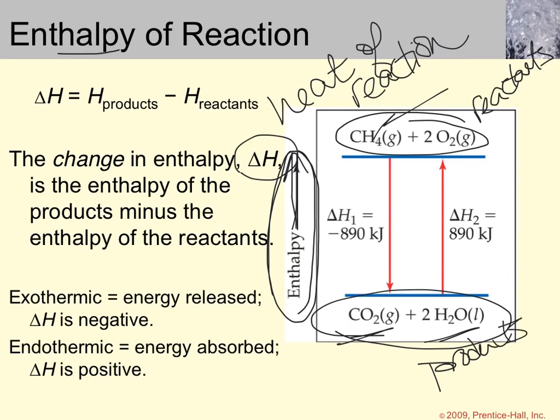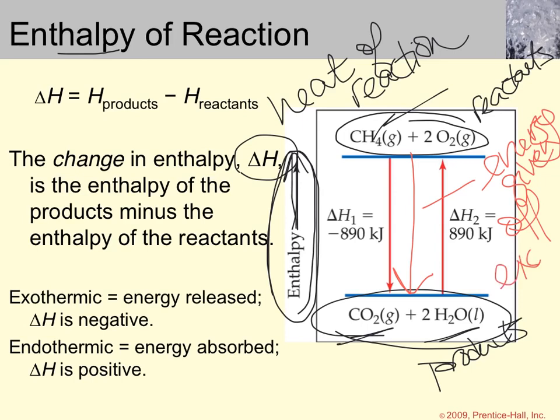What does that mean? That means as we go from reactants to products, energy is given off, or heat is given off. What type of reaction do we call that? We say that it is exothermic.